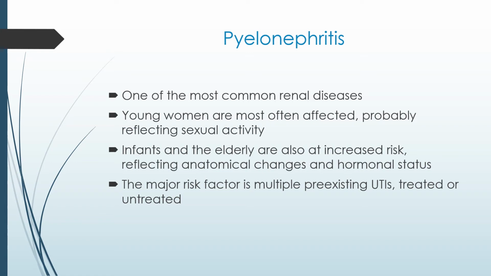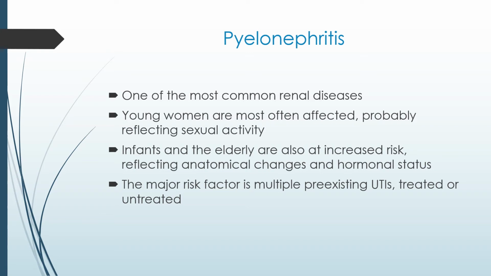Young women are most often affected, and this is probably due to them being sexually active. Infants and the elderly are also at an increased risk, reflecting anatomical changes and then their hormonal status. The major risk factor is multiple pre-existing UTIs, treated or untreated.